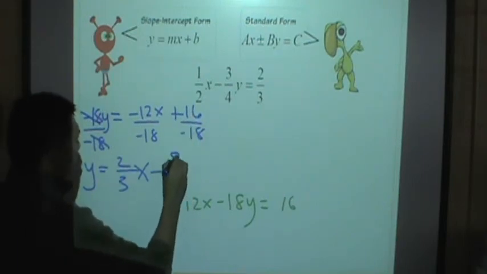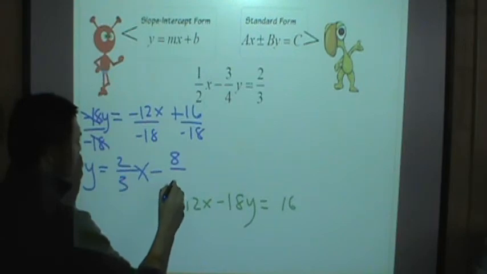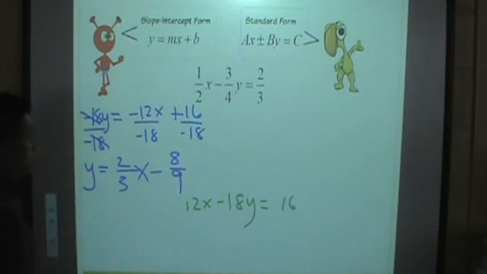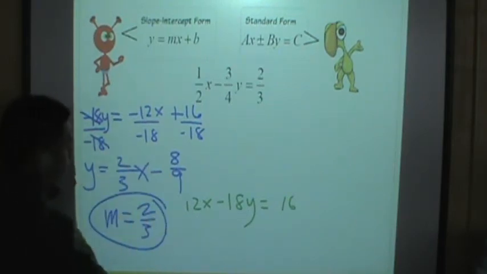Now I have 8. 16 divided by 2 is 8. Negative 18 divided by 2 is 9. Here you go. So again, on the EOC, if the question is find the slope, it is 2 over 3.